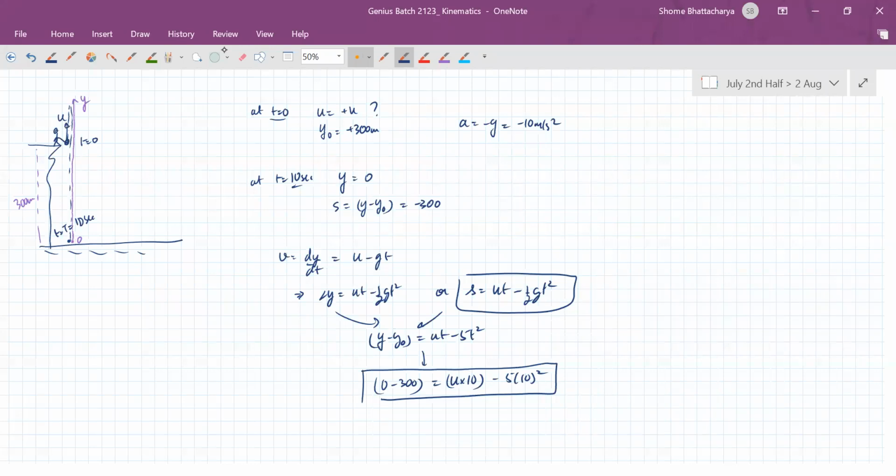Okay. But generally, if you're confused about how to take the reference frame, then you can follow a general guideline that take the starting point as the origin and the direction in which it sets off immediately at t equal to 0 onwards, whatever direction it's going in, take that direction as your positive axis in 1D motion. You can use that like a guideline, but you don't have to strictly follow that.